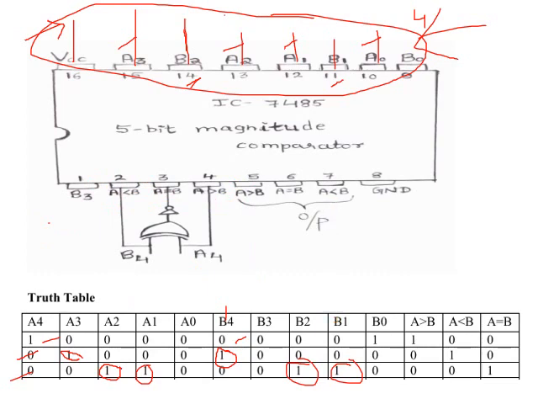A4 and B4 are 0 0, so here we will get 1. What is this? A equals to B, correct? Now if both the MSBs are equal, then the IC will compare the next MSB, which is A3 and B3. So next it will compare these two.